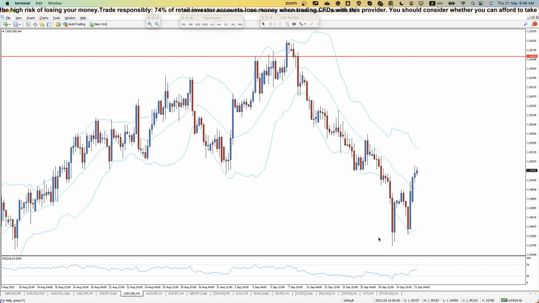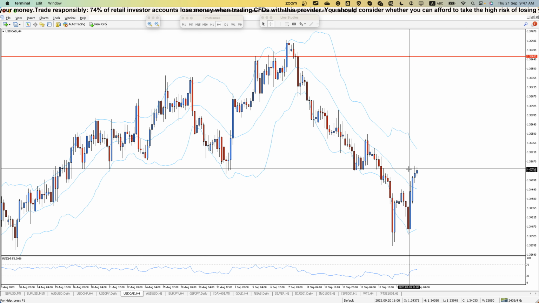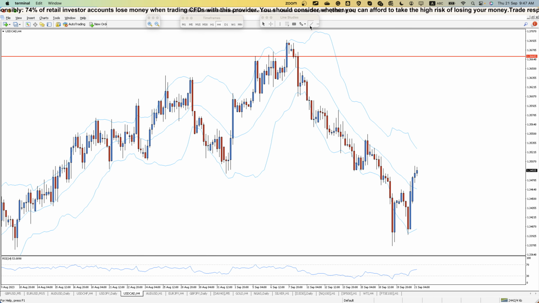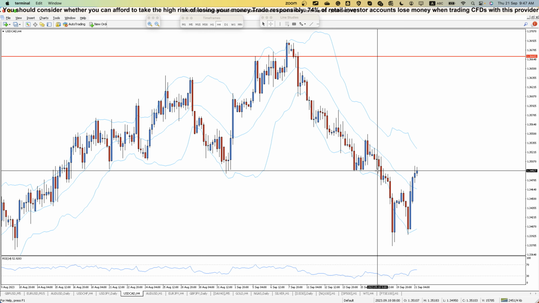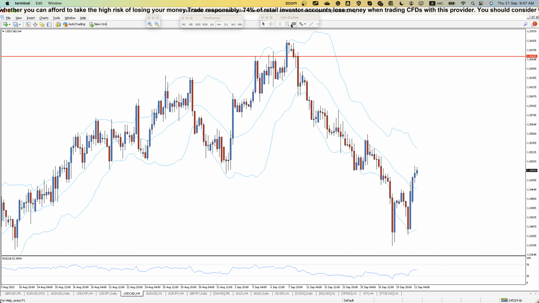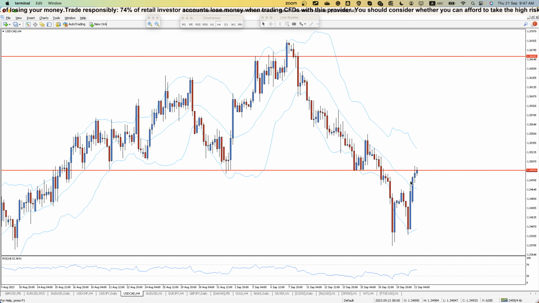USD Canadian dollar. Let's draw some lines here. This one looks like it broke. There is a strong area of resistance here. The market can stop and reverse.